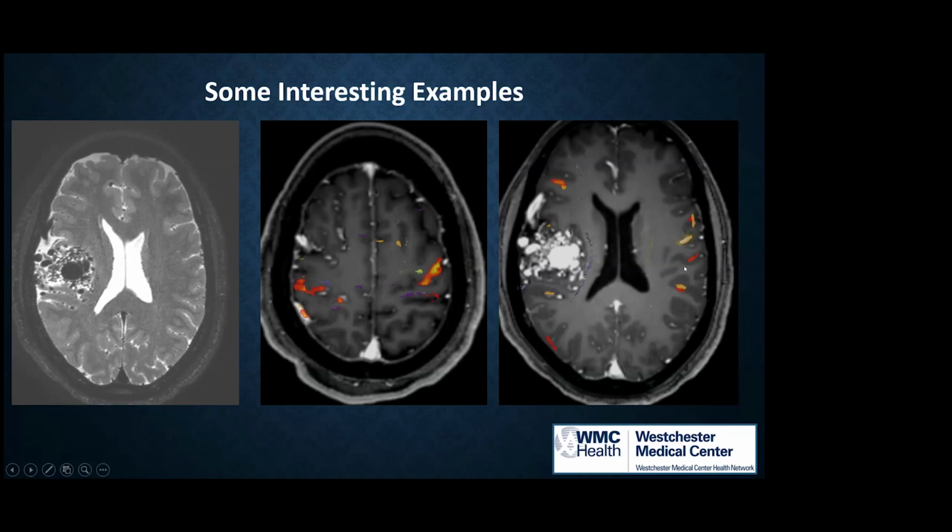And this highlights an interesting challenge we sometimes have. We can see the foci of BOLD activation related to foot tapping on the left, but we do not see it on the right. That highlights a not so rare phenomenon called neurovascular decoupling. I mentioned before how fMRI relies on BOLD signal.